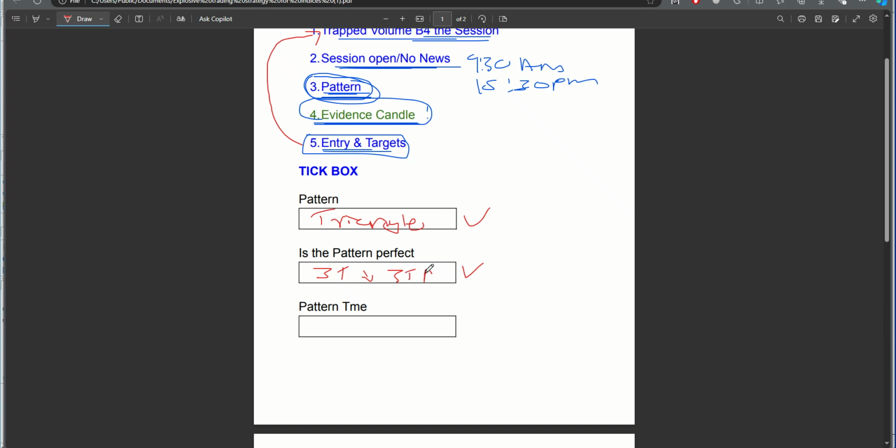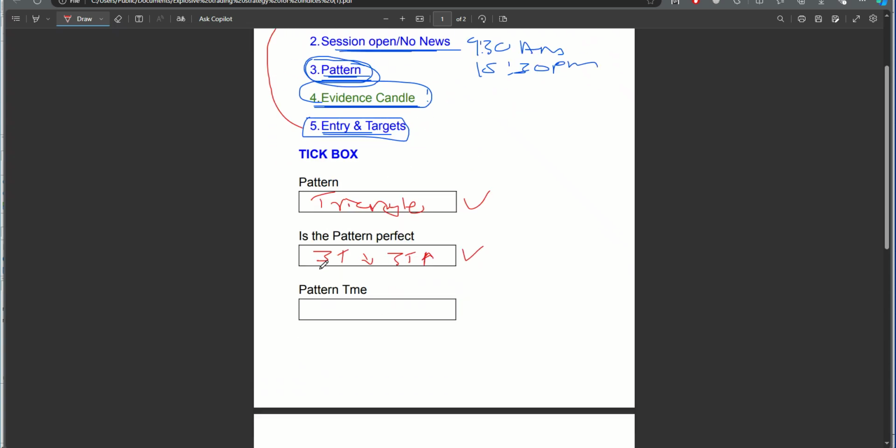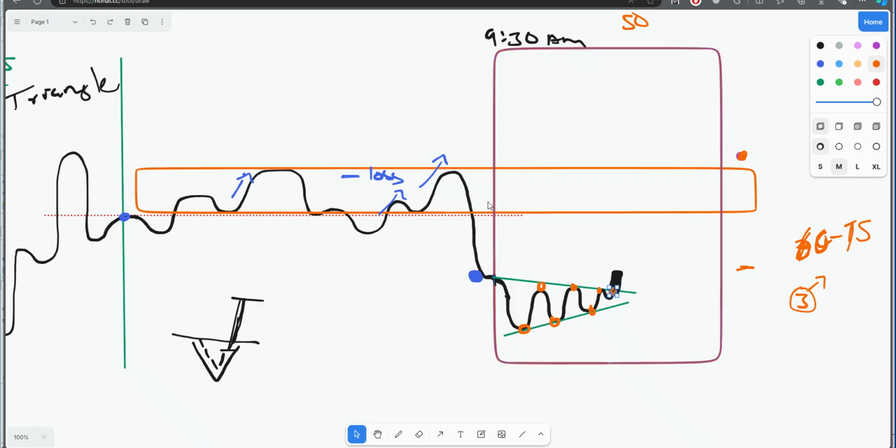Okay, you can just put this inside in a clear form. Okay, how long did it take to build a pattern? I told you this is highly important. Now pay close attention. If the pattern takes over 1 hour to build, it could be 2 hours, it could be 3 hours, this pattern you can target 100 pips.